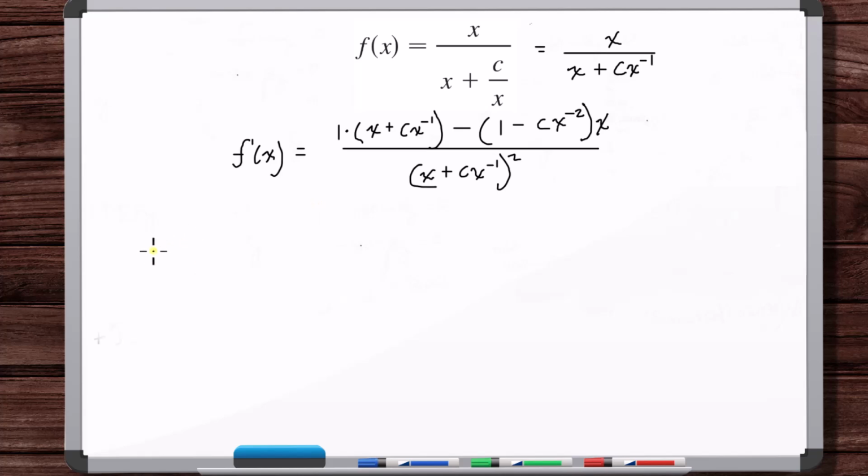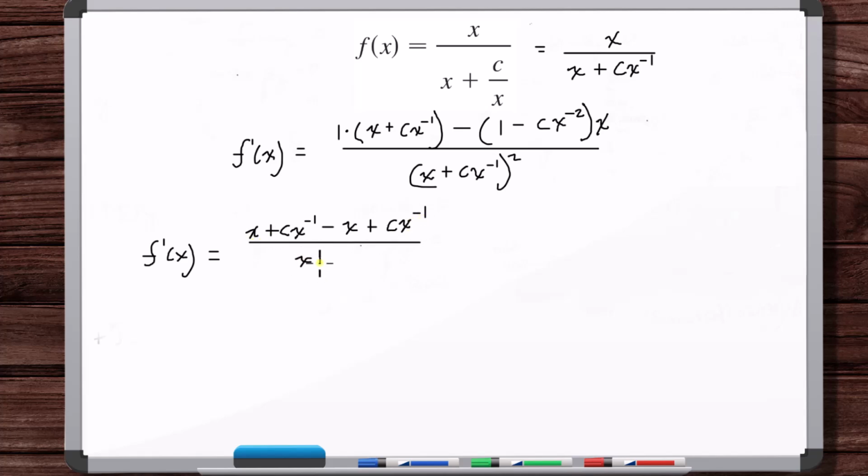Okay, so let's expand the numerator. x plus cx to the minus 1. Okay, and then we have minus x plus cx to the minus 1, right?